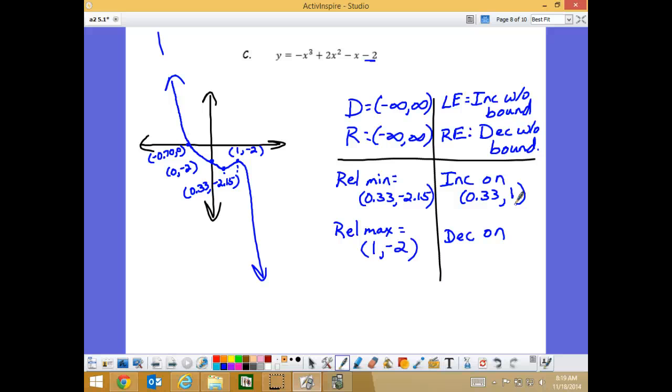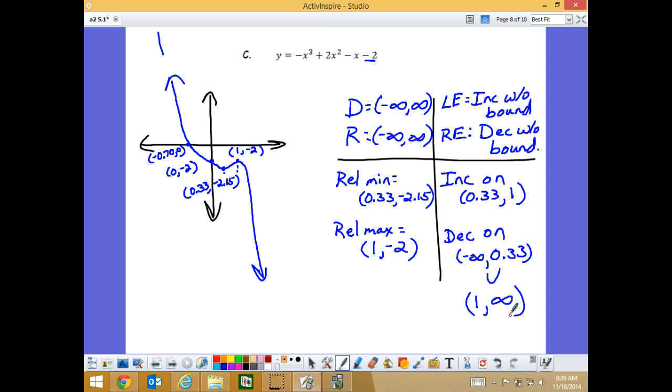And just like the last one, we are decreasing on 2 intervals. We are decreasing from here to here. So we are decreasing on -infinity to 0.33, union, and from here to the end, 1 to positive infinity.